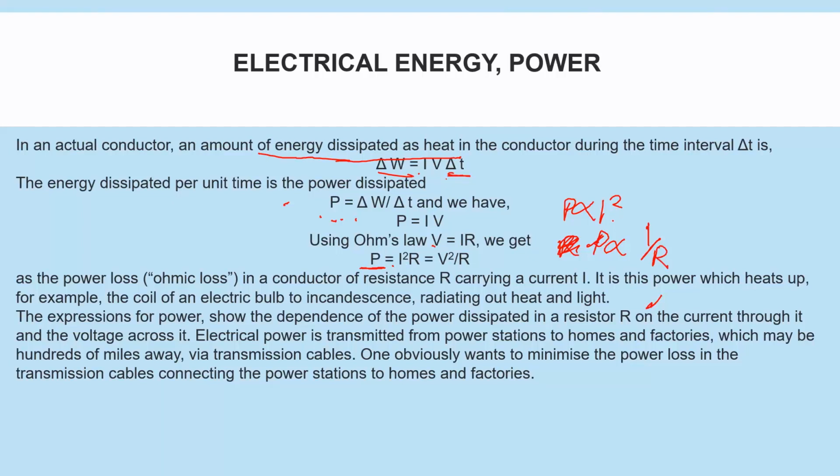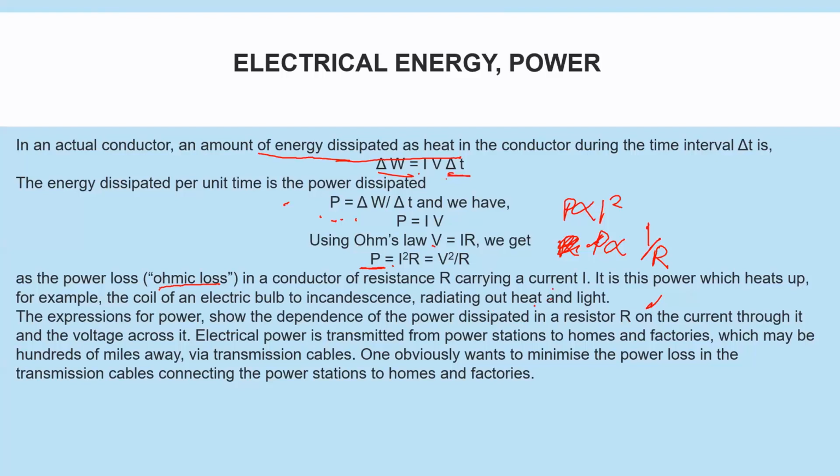Actually it depends on the current that is flowing as well as the voltage that is there. So the power loss that we see is also called the ohmic loss in the conductor of a resistance R that is carrying the current I. The power which is getting heated up over here, for example, if you consider the coil of the electric bulb, is radiating both heat and light.